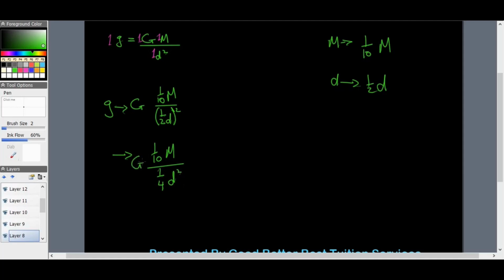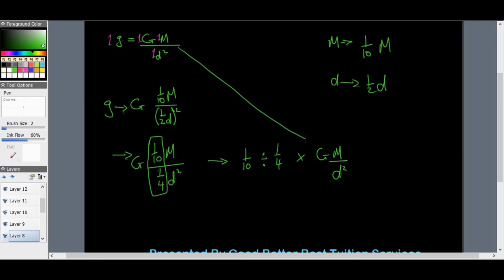Okay, and g still remains there. So what do I see here? Actually I have a sum. I actually have 1/10 divided by 1/4 multiplied by GM over d squared. They match. So this is going to be my factor.